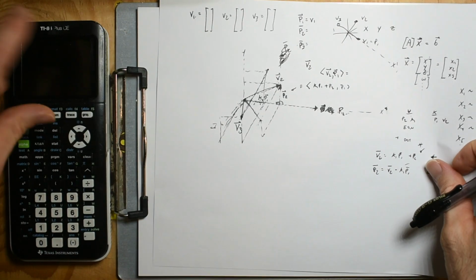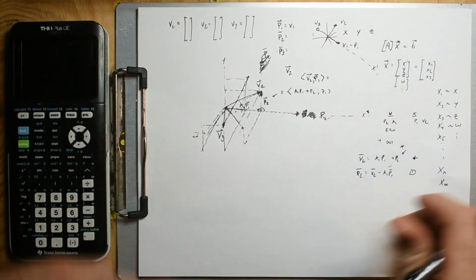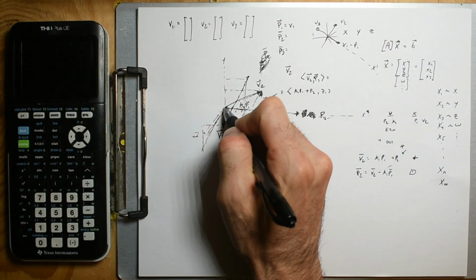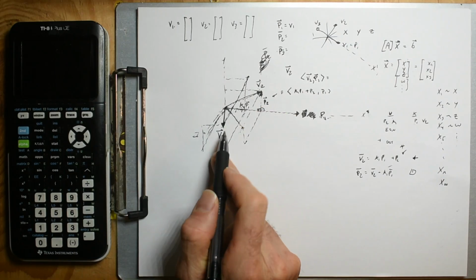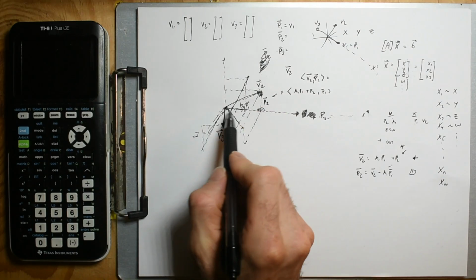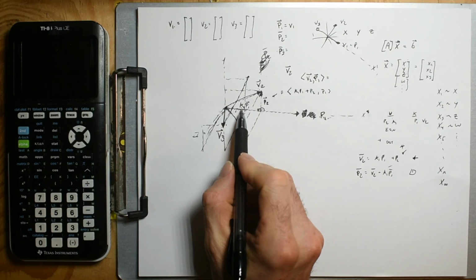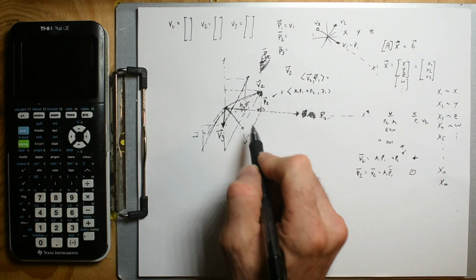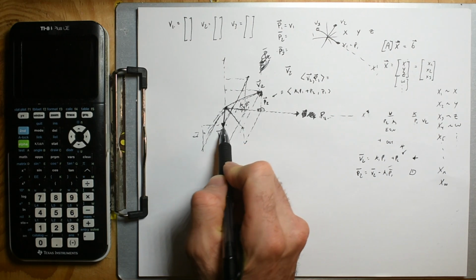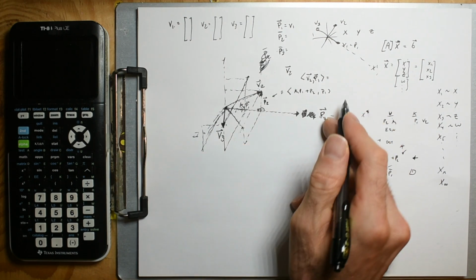Let's see, can we see that? So this is vector V3. And to get to vector V3, my K1s and K2s change. Because to get to vector V3, this is P1.